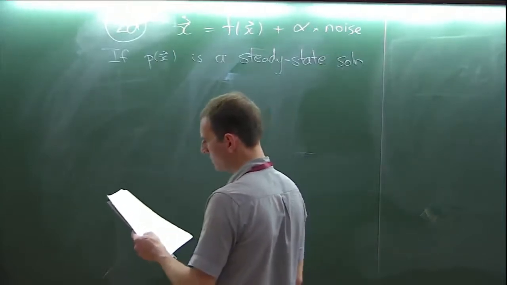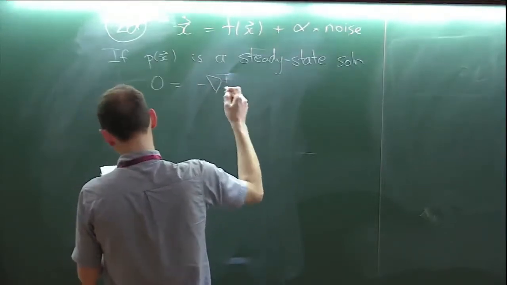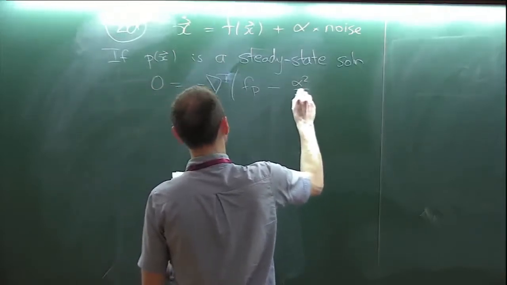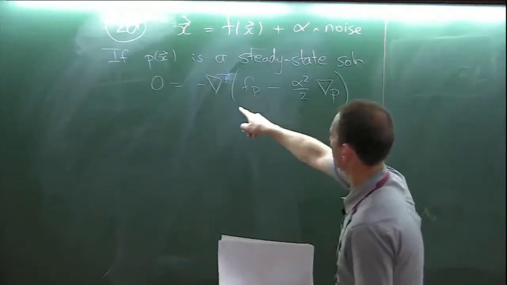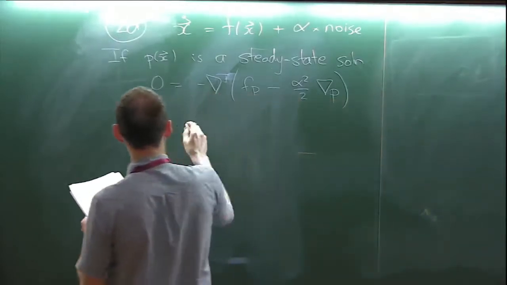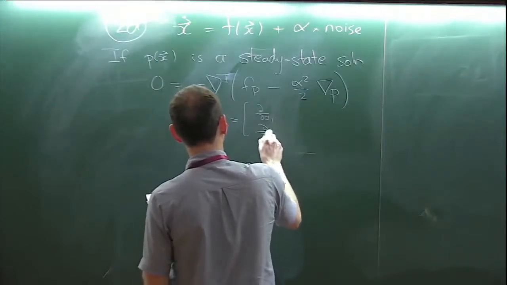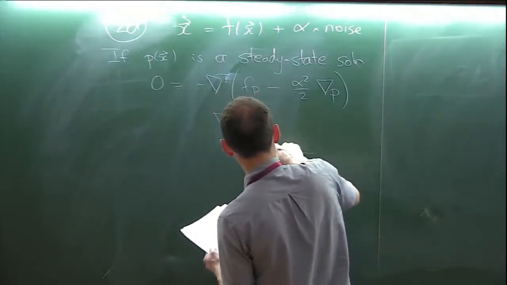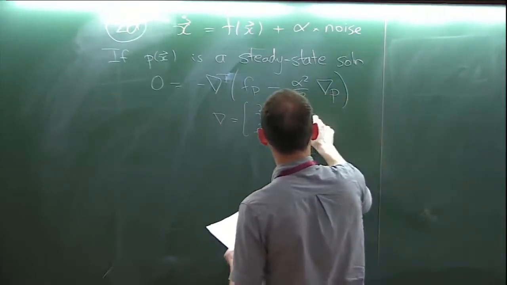Here is the steady state solution. It's the same thing, but you just have nablas for your gradient now. So this is supposed to be in 2 dimensions, so nabla is del x, del y.